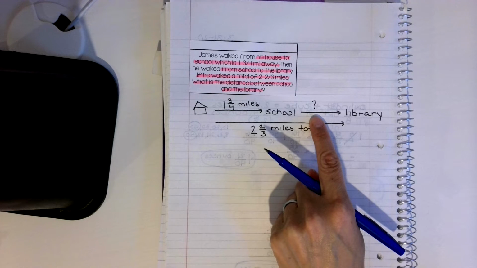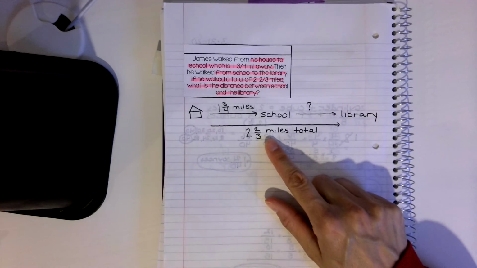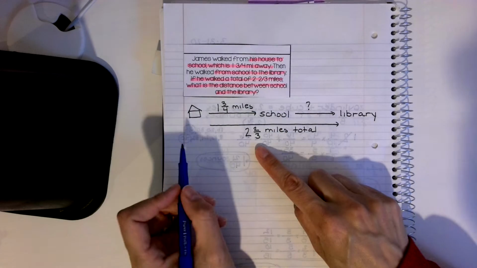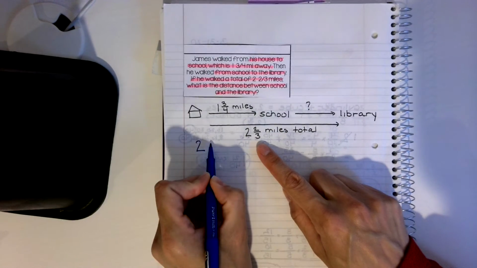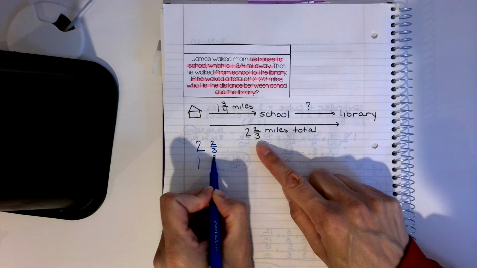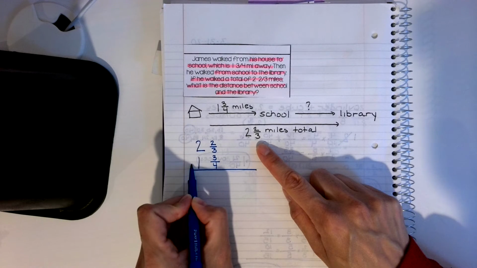So we're going to do what we did last time for number 1 when we did the cylinder and cube. We're going to take our total and subtract what we know to get what we're missing. So 2 2/3 and 1 3/4. Okay, they have different denominators.